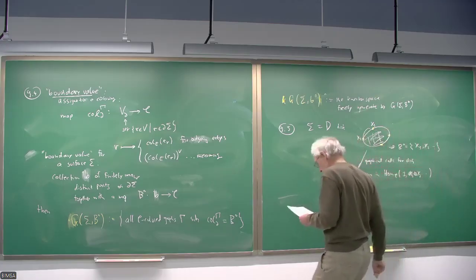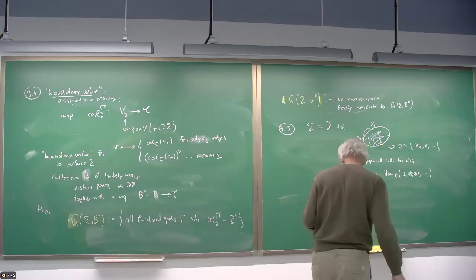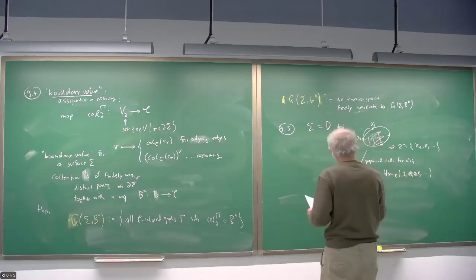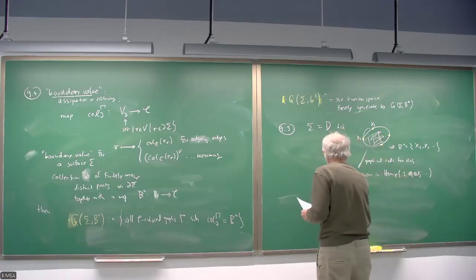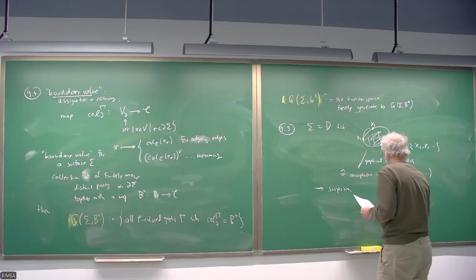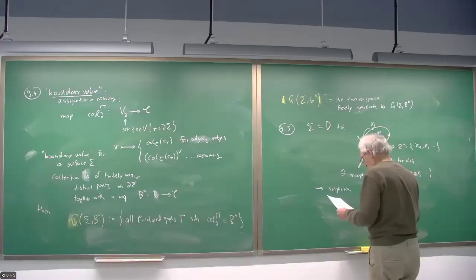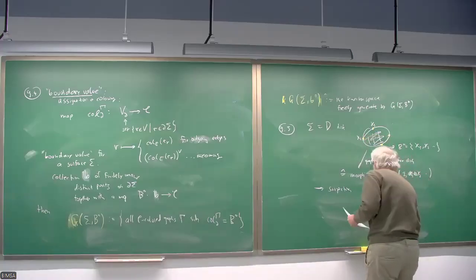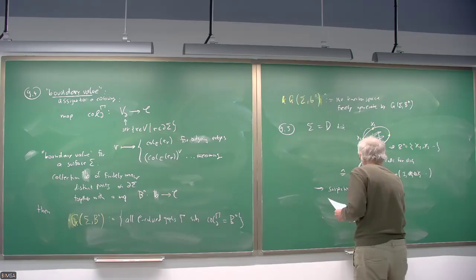Again, only the cyclic order is relevant. By this one canonically gets a surjection from this big space to this vector space, a kind of evaluation.